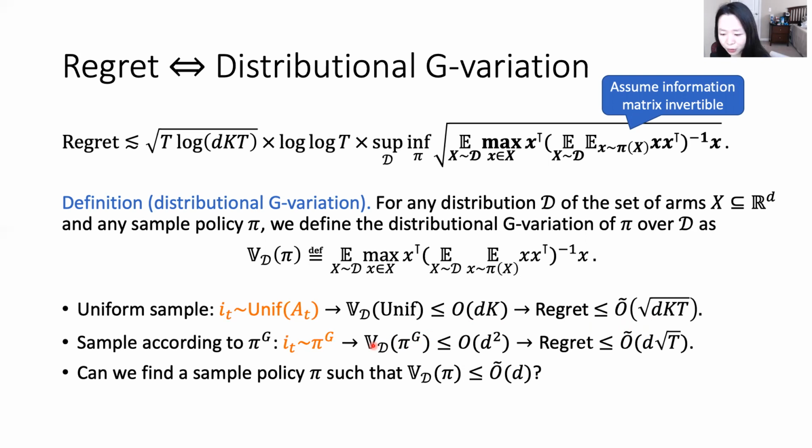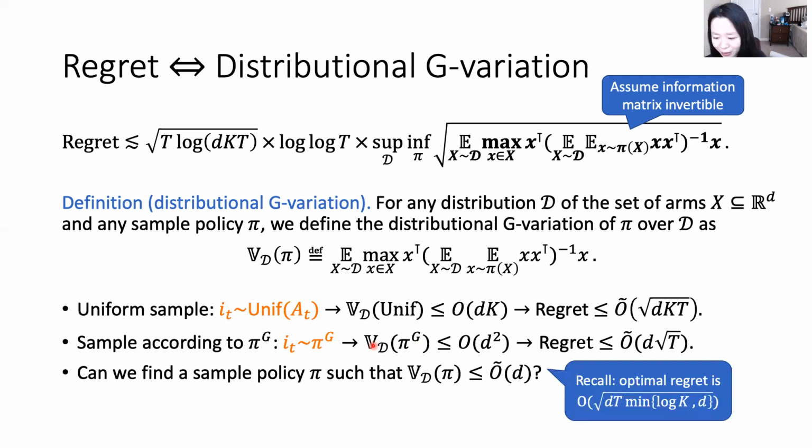Recall that the optimal minimax regret is almost at the order of square root of dT. If d is smaller, then everything is solved. We can already use this pi-G, and the regret already matches.